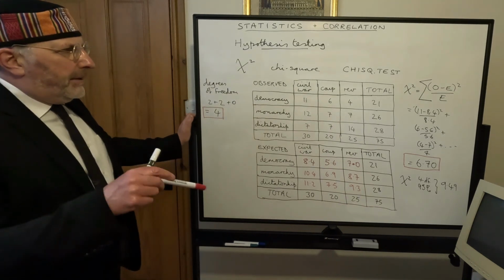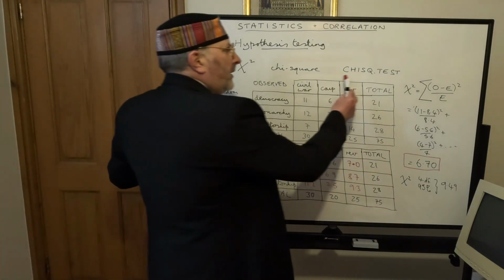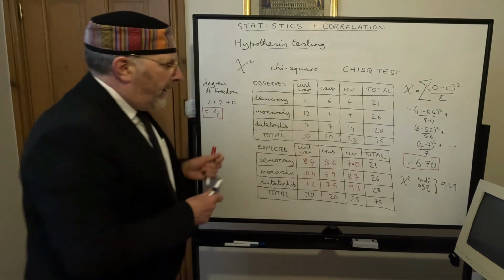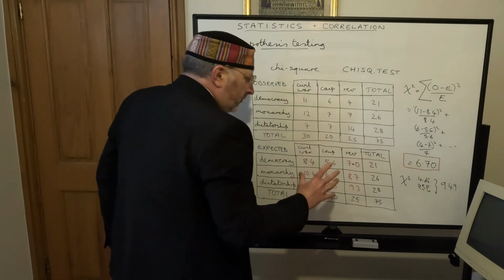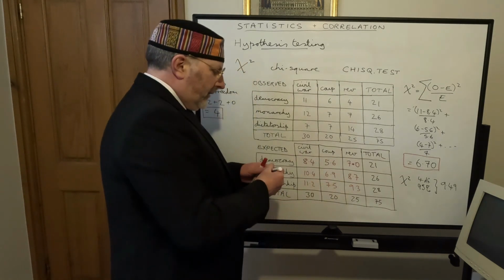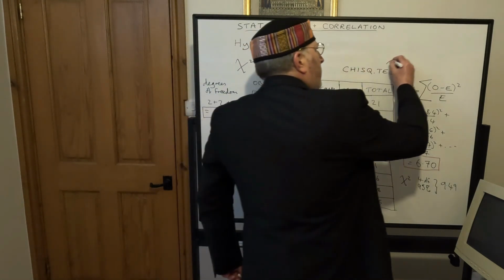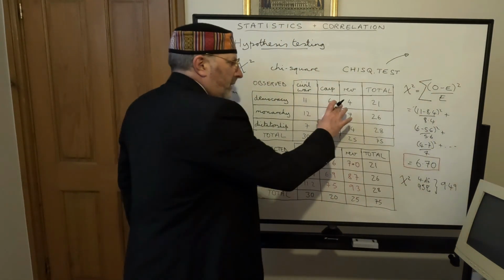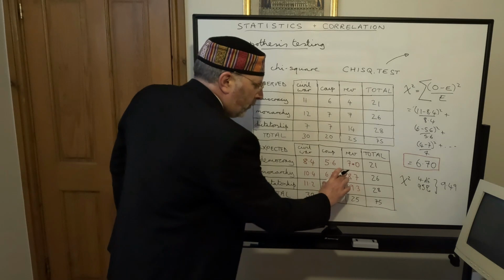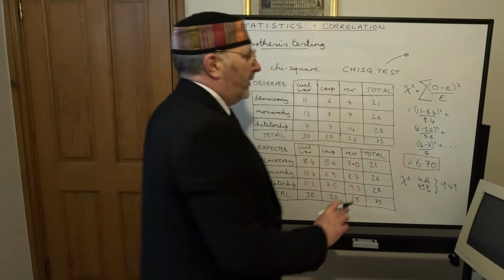But with the Excel chi-square test, you just feed it the observed values and you feed it the expected values, and it throws out a probability that you could get those observed values if these are the expected values.